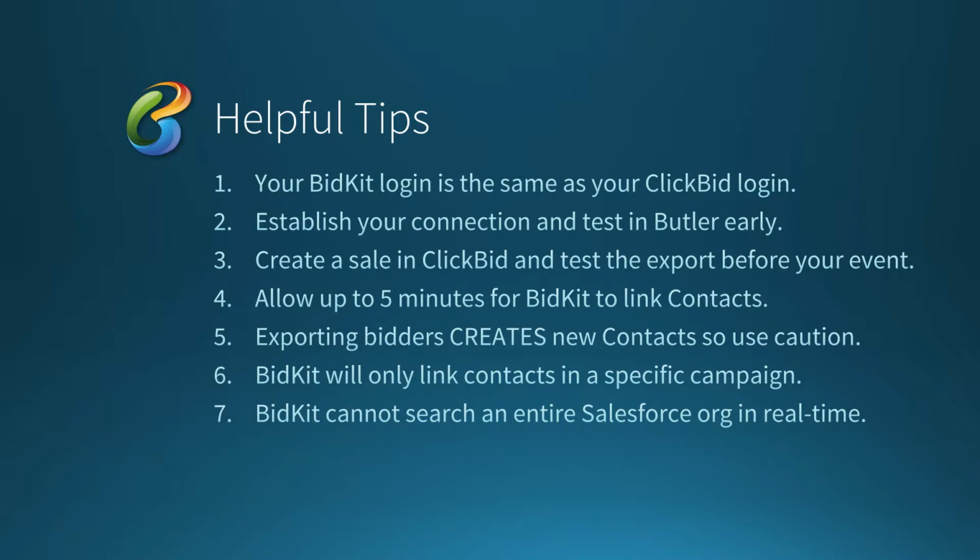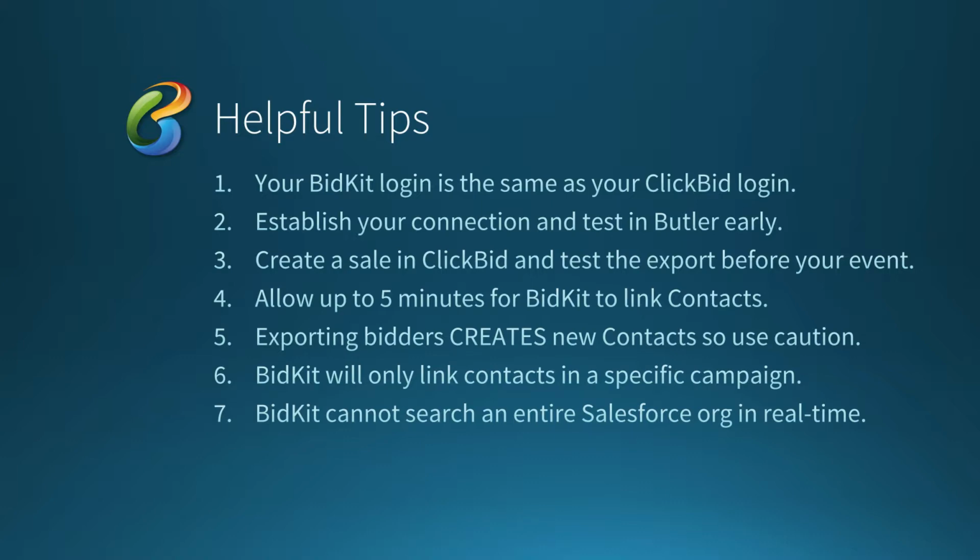And BidKit will only link contacts in a specific campaign. I showed you that earlier, how you chose the 2017 Summer Fling, because every Salesforce account's a little bit different. Some organizations have 2,000 contacts, some of them have 22,000 contacts, and it would be impossible for us to push through 22,000 donors for an event that may have 450 people.